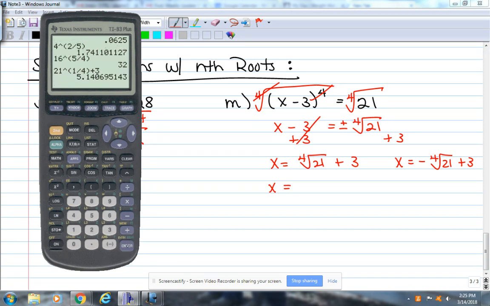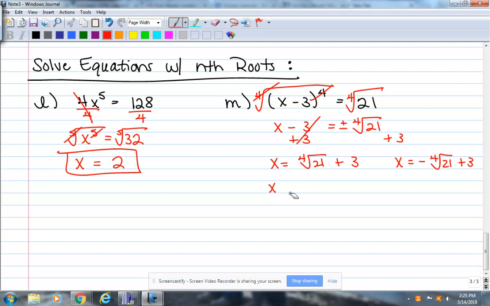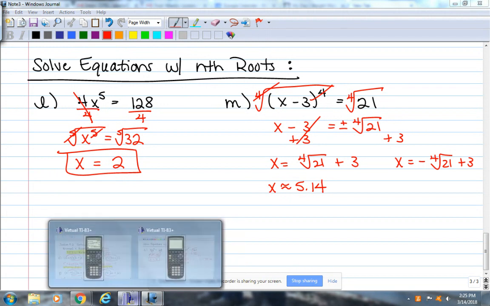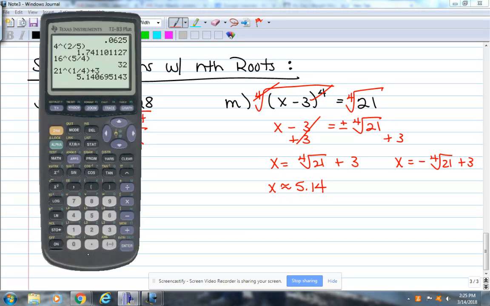Yep. So x is approximately, since I'm rounding, 5.14. And for the other one, I'm going to do the exact same thing, except at the very beginning, I'm going to put a negative. I'm afraid this ain't going to work, though.